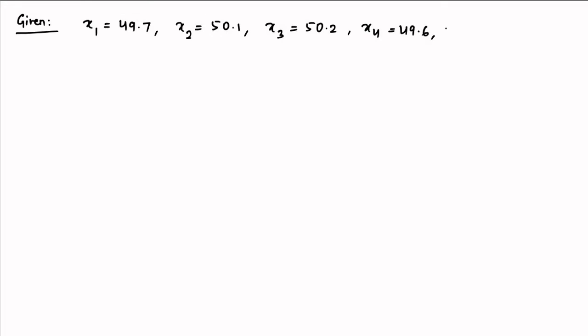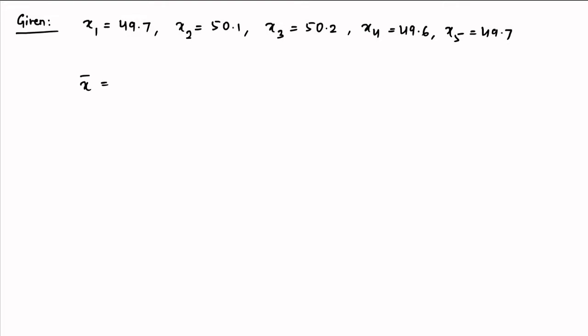Let's say we have performed a measurement and we have been given the following data. x1, let's say it is 49.7, x2, let's say we have got 50.1, x3 is equal to 50.2, x4 is 49.6, and x5 is 49.7. Now we have to calculate the arithmetic mean.